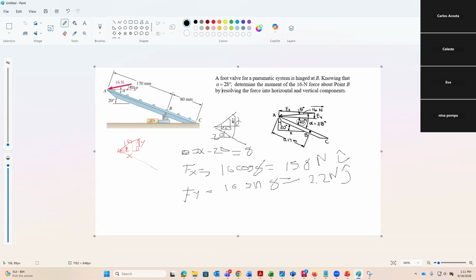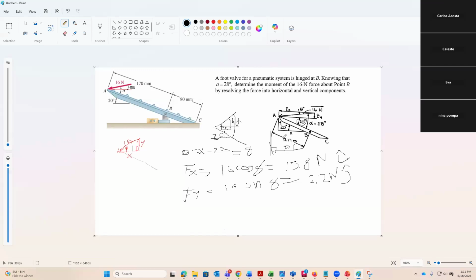As you notice, this force right here also has components. That is 20.